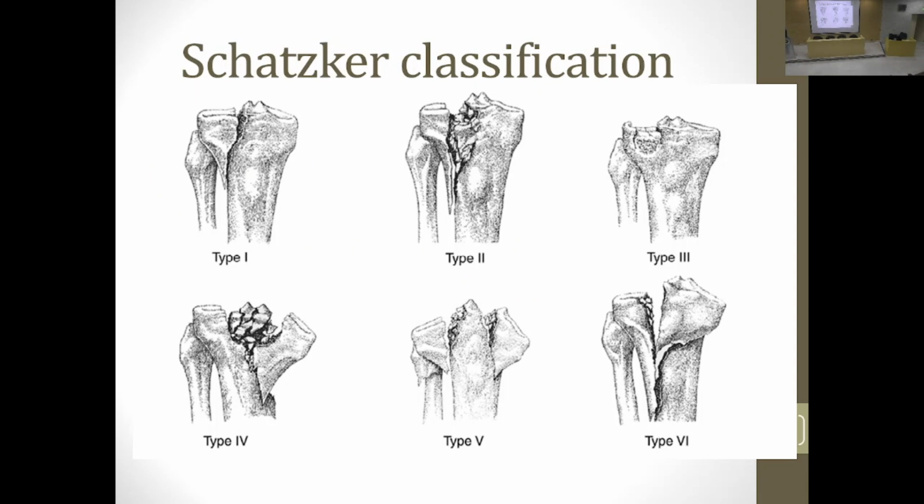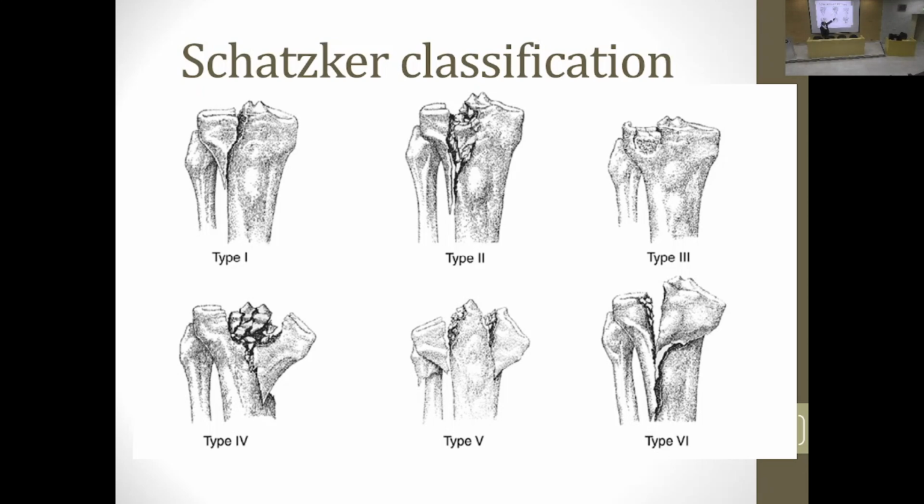We have a classification that we call the Schatzker classification. Type 1 is just a split in the lateral tibial plateau, and type 2 is a split with a depression in the joint.